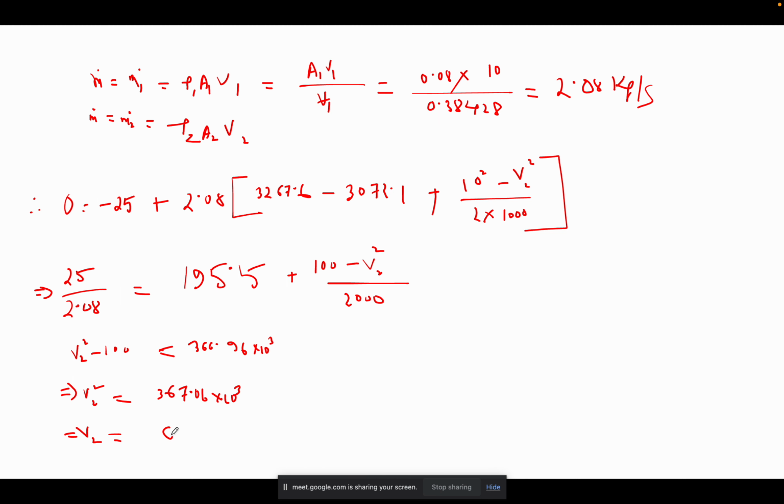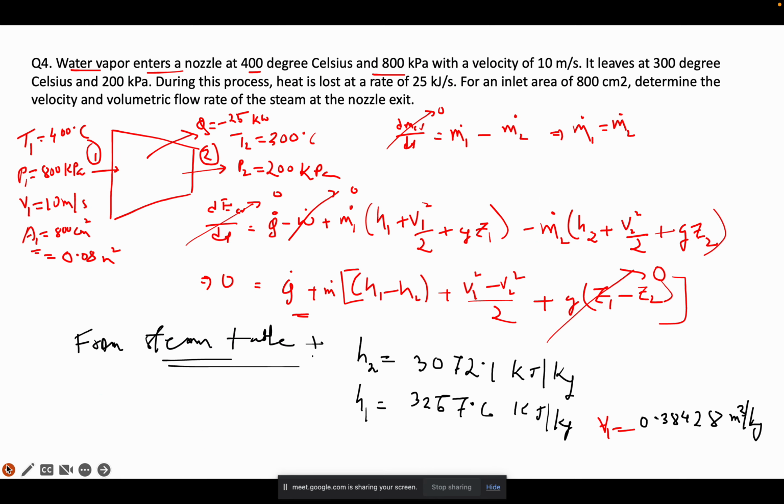That is 605.85 meter per second. So this is my velocity at the exit. Then what is the volumetric flow rate at the exit?